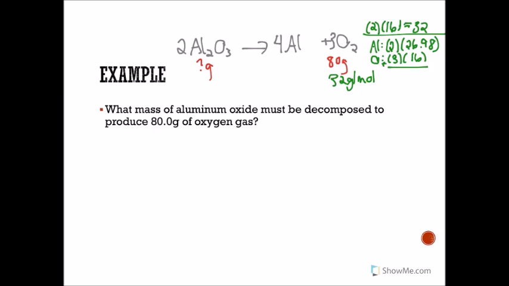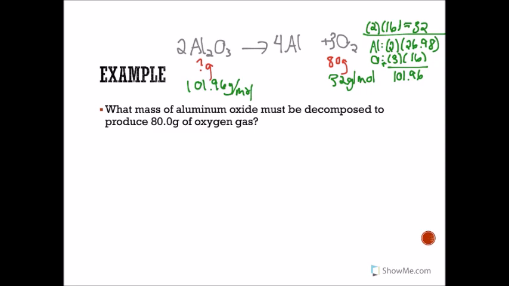Then we get 2 times 26.98 plus 3 times 16, which is 101.96 grams per mole. There we go. And now that we figured out all that information, we should be good to go.